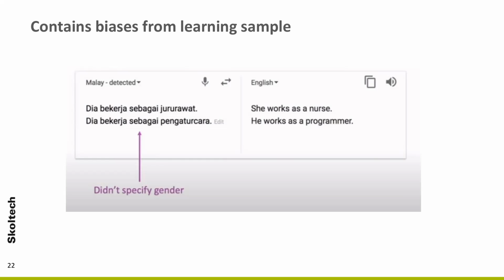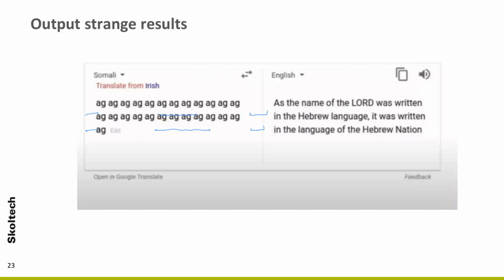There is no gender specification, like some article here, then some verb and two professions: a nurse and a programmer. And when translated to English, it happens that we have a specific gender specified in the sentence. This is maybe a bad thing if you want to have an unbiased translator.